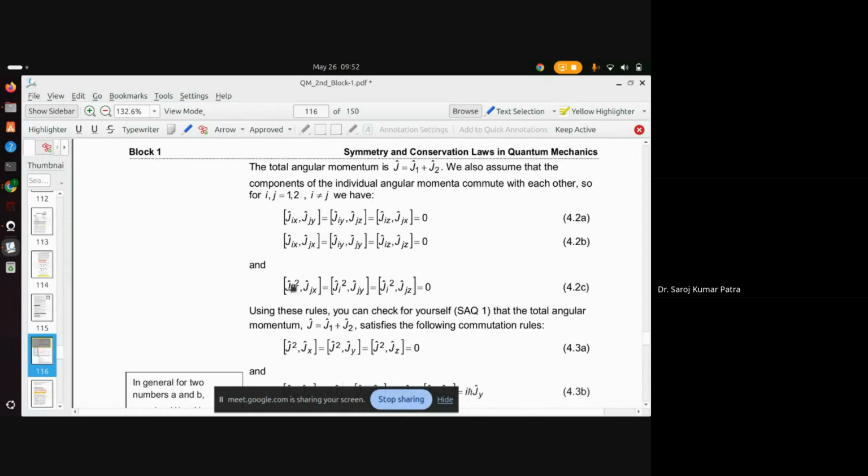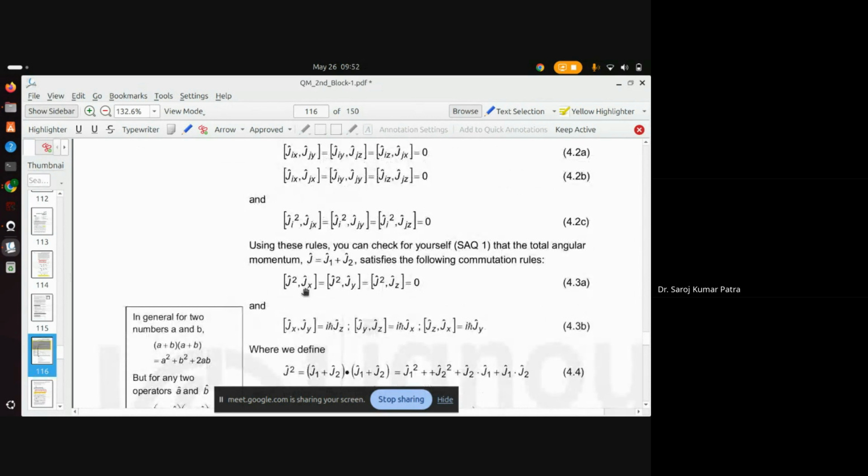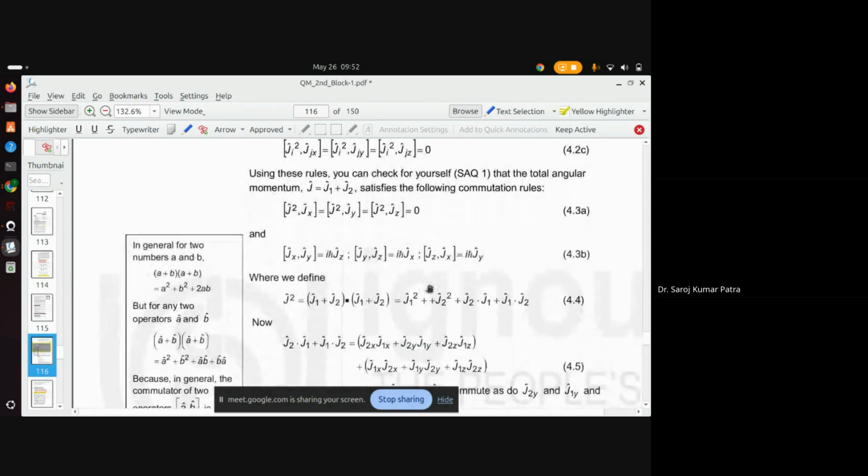We already know Ji square commutes with Jix, and it will also commute with Jjx. So using these relations, you can check that J square with Jx, J square with Jy, J square with Jz will be equal to 0. All right.